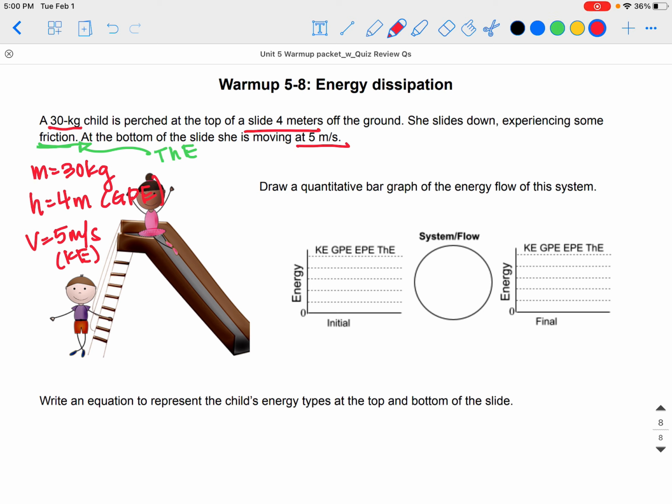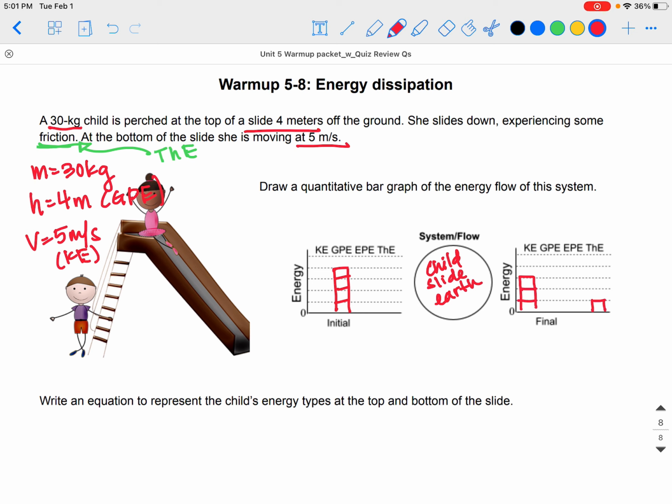In this system, I'm going to include the child, the slide, and Earth. Especially since there's gravitational potential energy, you definitely want to include Earth because that's what creates the gravitational potential energy. In the end, we end up with some kinetic energy. So I'm going to show 3 blocks of kinetic energy and some thermal energy.